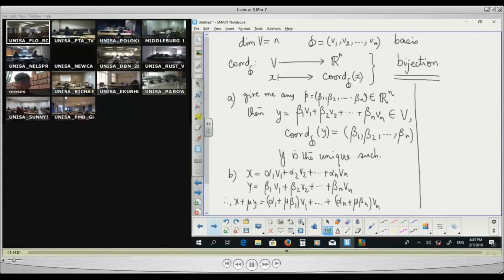If the dimension of V is n, then the coordinatization is a bijective linear transformation.